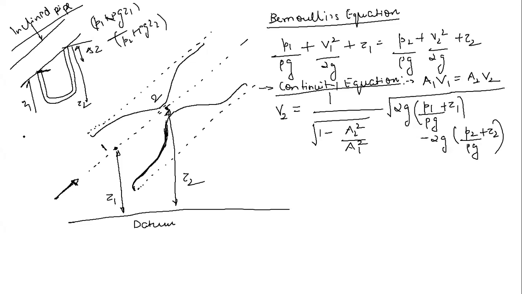And for a differential manometer, we always know that P1 minus P2 is simply the difference, rho G (H1 minus H2). So if the pipe is straight, then H1 minus H2 is simply the heights. But if it is not straight, then we call this the piezometric height.